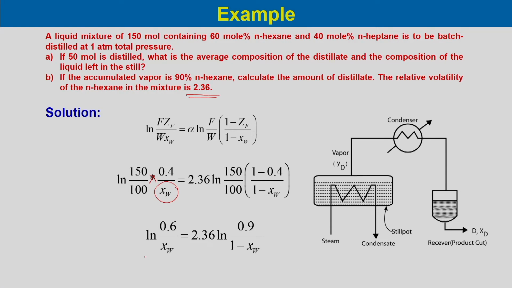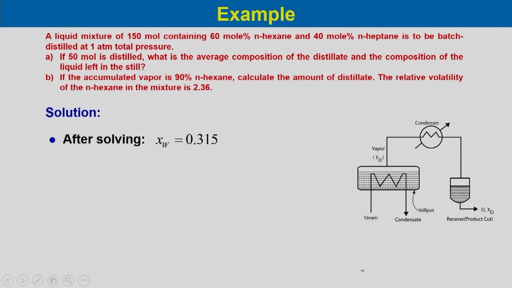If we rearrange this equation, it is ln (0.6 divided by XW) would be equal to 2.36 ln (0.9 divided by (1 minus XW)). Now, if you solve iteratively, you get XW equal to 0.315.